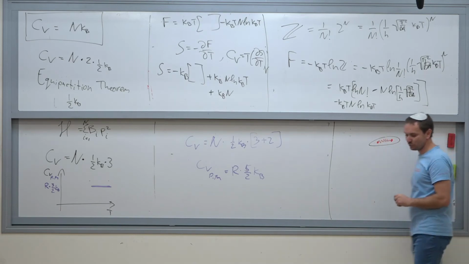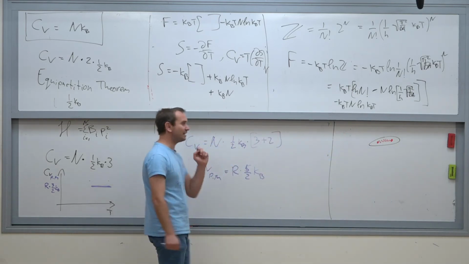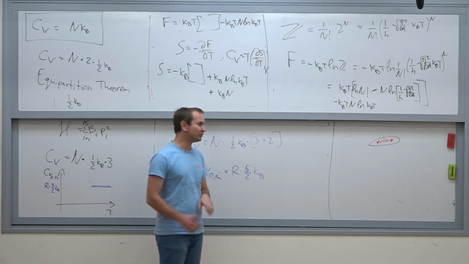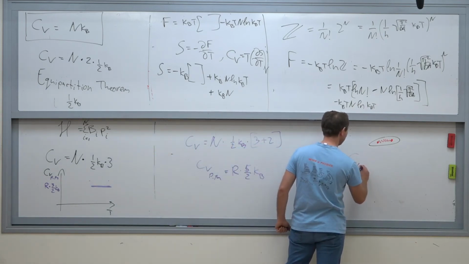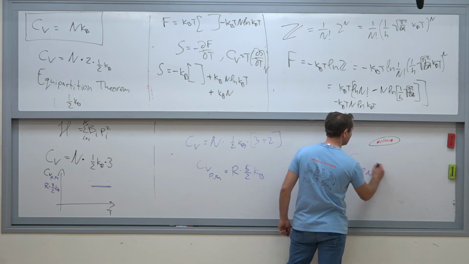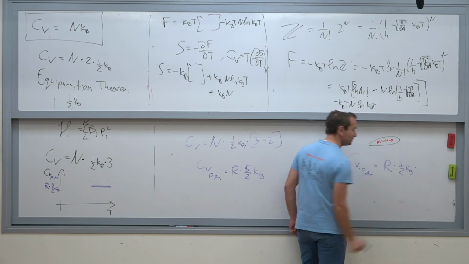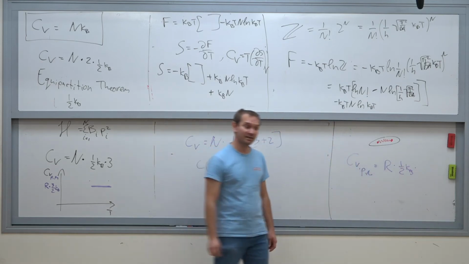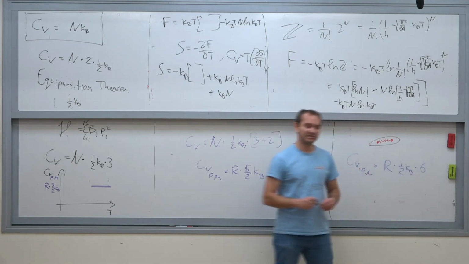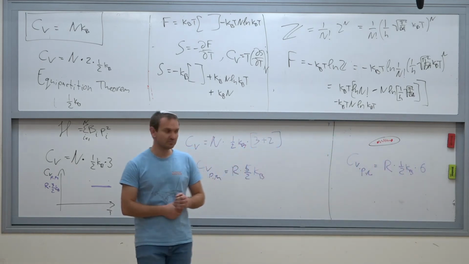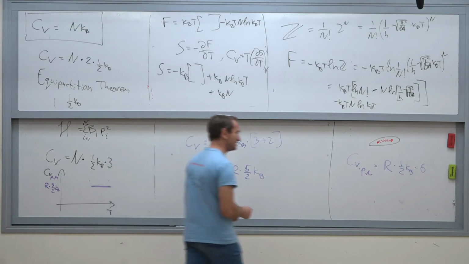So the vibration, for example, can also add an additional degree of freedom. So for such molecules, what I obtain is that C_V per mole is R multiplied by 1/2 multiplied, in this case, already by 6. And I can continue with this, etc.